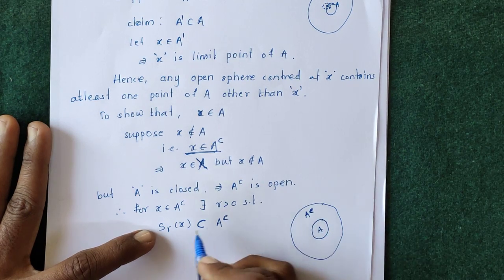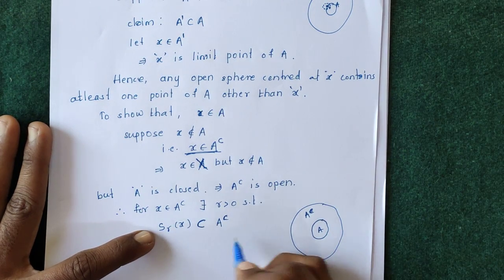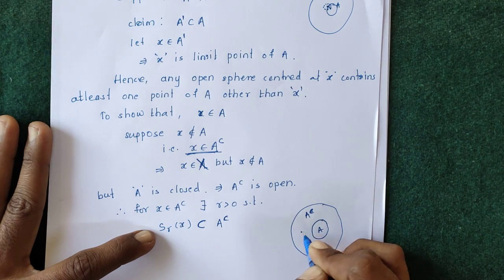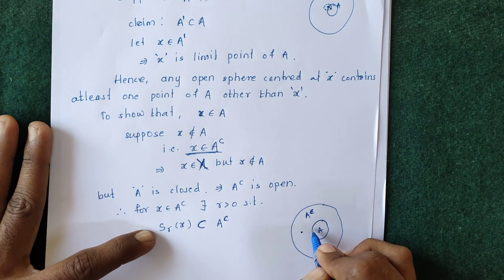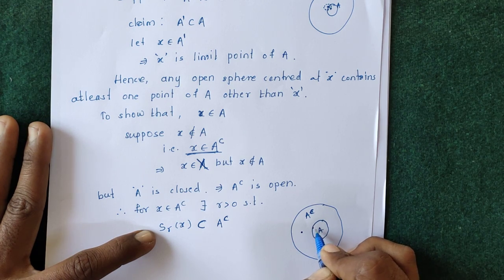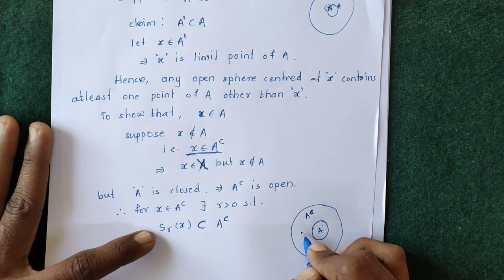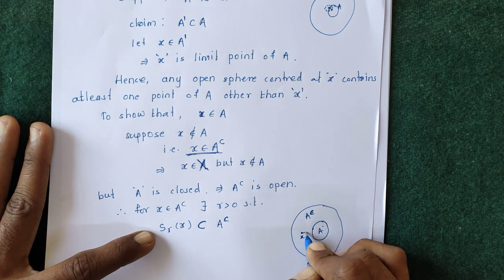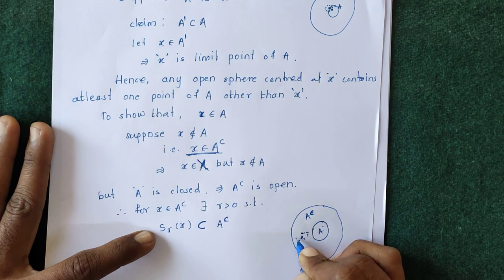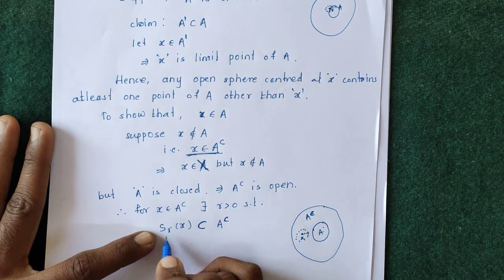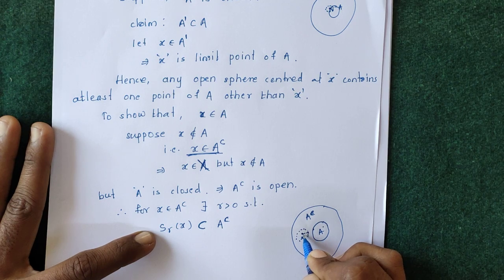To get that open sphere inside A complement, our x must be somewhere here. If our x is here, then the open sphere does not totally lie inside A complement, because it intersects A. If you take x equal to this point, then again for any radius, that open sphere intersects A. So, we have to take x here, then for this radius, this open sphere S_r of x lies inside A complement.